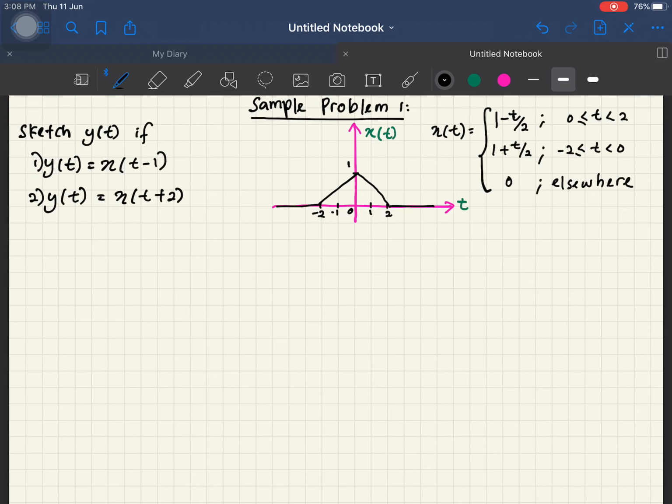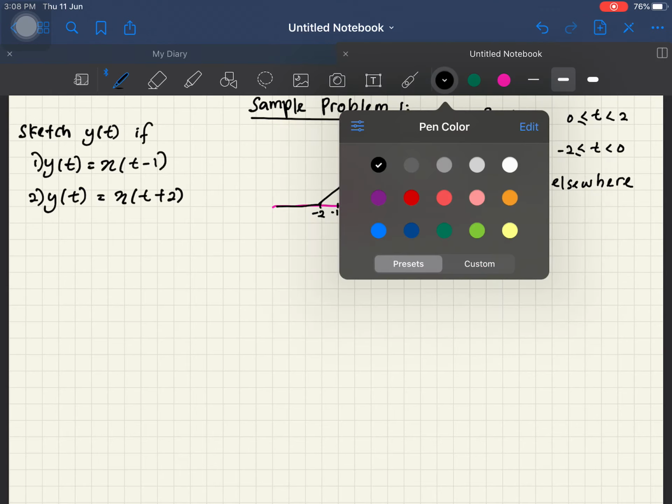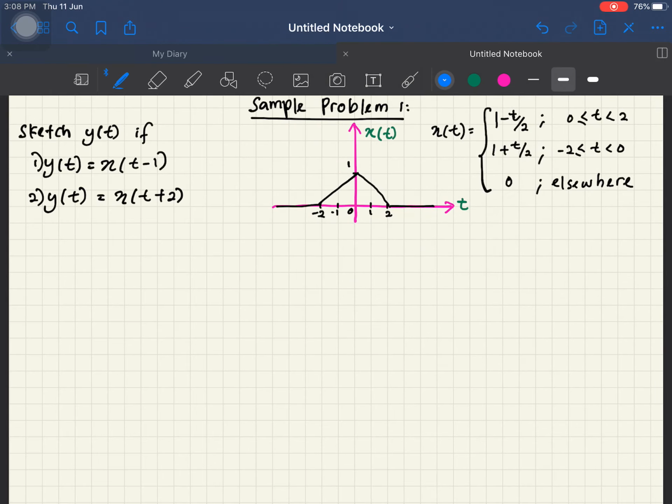Also, x of t is given as shown in this graph, where x of t is a triangular signal. If we try to solve this, for question number 1, y of t equals x of t minus 1.